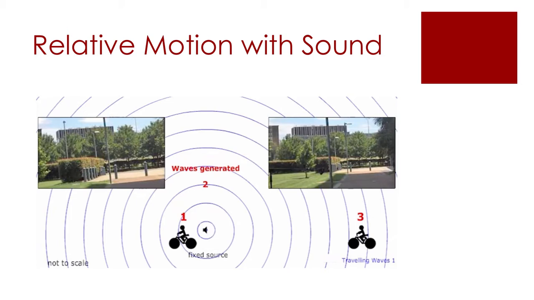Now you can see first, we've got 2 waves that are generated here. In that same time, the person moving towards it has experienced 3 waves. In other words, they've experienced more waves in the same amount of time. That's going to be a higher frequency. And this person moving away has only experienced 1 wave in the same amount of time. They're going to have a lower frequency.